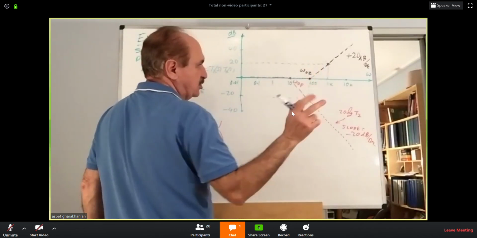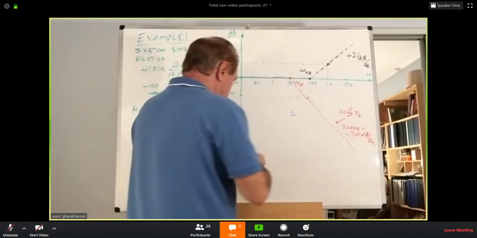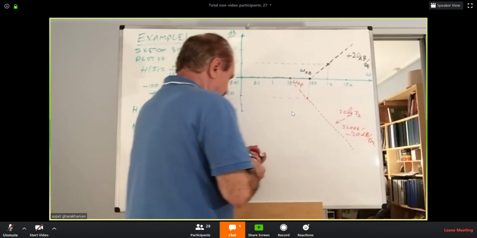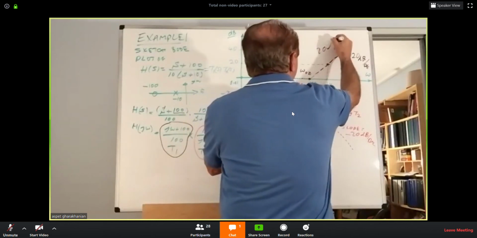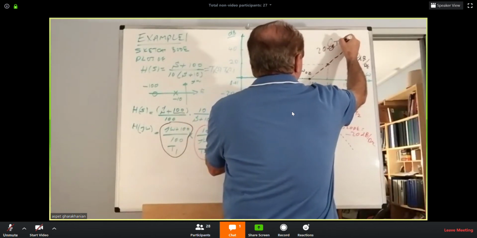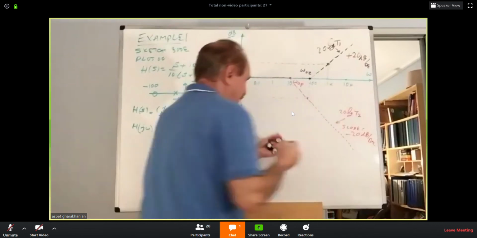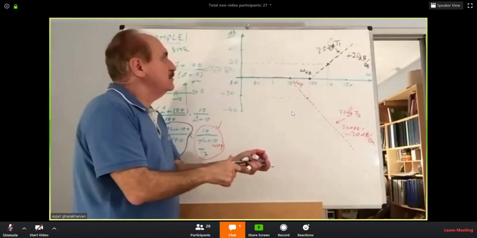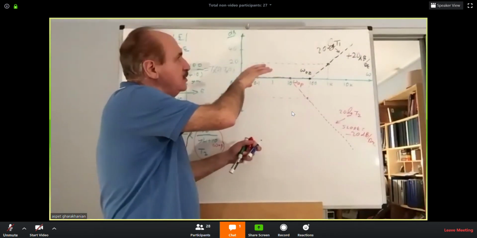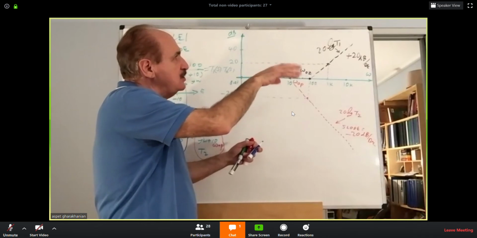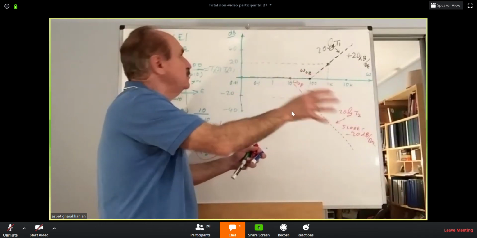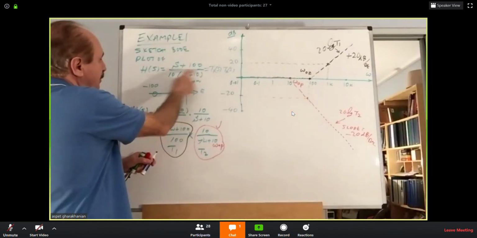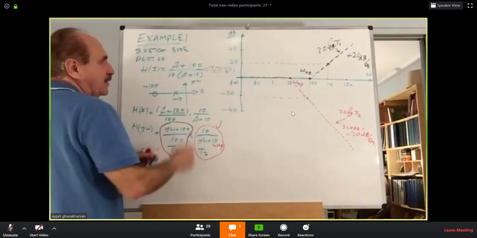You have two functions. One is P2, the other one is 20 log of T1. It's this one. So if you add them, then the result will be 20 log of T1 plus 20 log of T2. That will be equal to 20 log of T1, T2, the product, because they are multiplying here. See, they are multiplying.